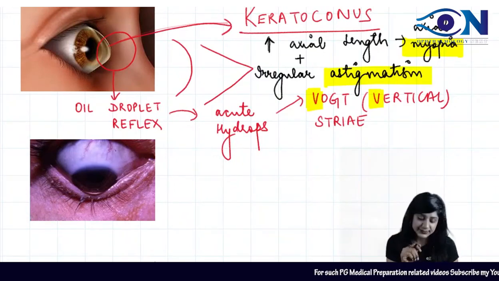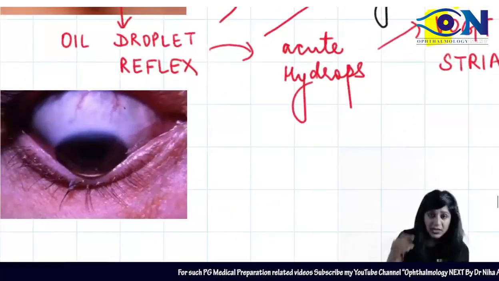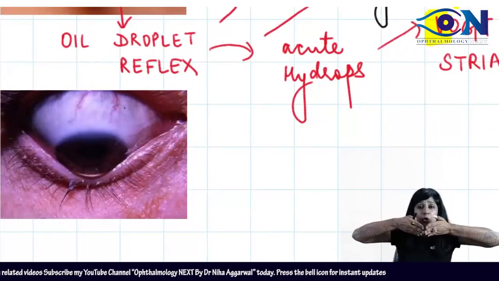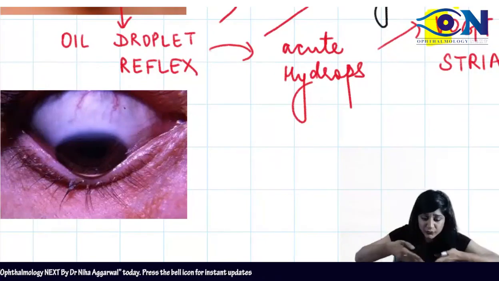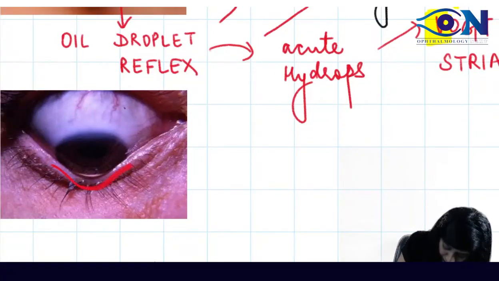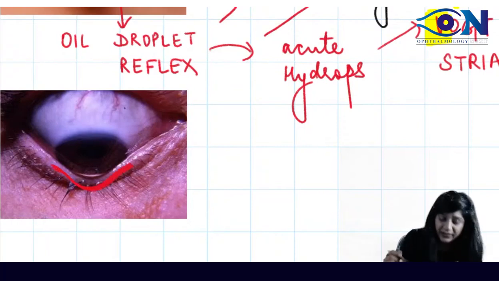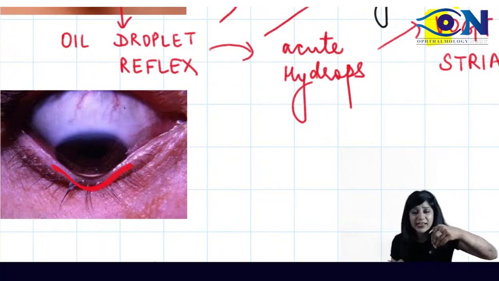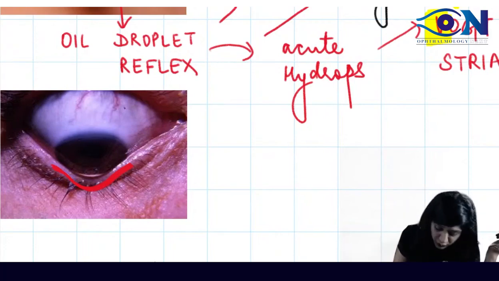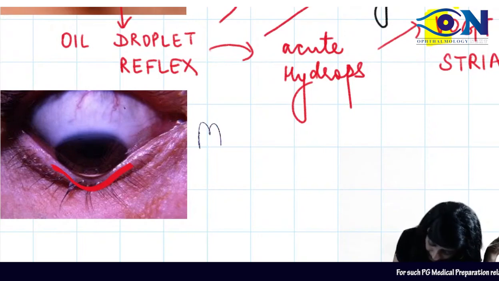Now a very important sign. Can you see? When this patient is looking in the downward gaze, this cone is leading to downward turning. So there is an inferior bulging of the eyelid when the patient is looking downward because the tip of the cone is indenting it.